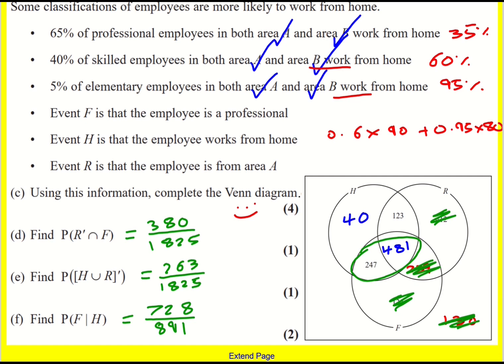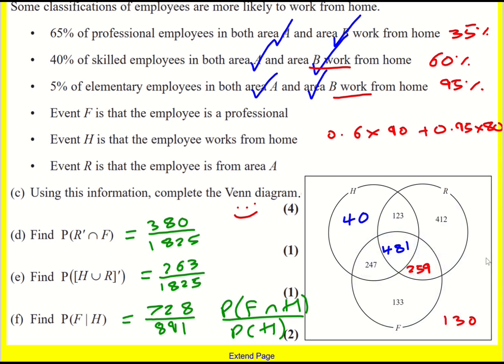And that's our answer. So you could do the intersection of F and H probability divided by probability of H. You get exactly the same thing. It's just you'll end up dividing by 1825 on the top and the bottom and then cancel it down. So, I've managed to avoid that just by using this other method, but it's up to you. As long as it makes sense, that's the main thing.